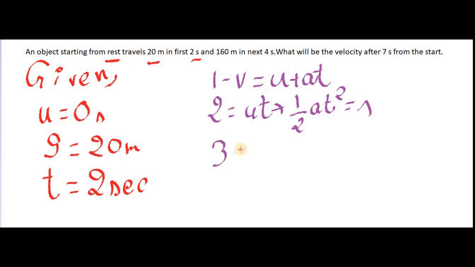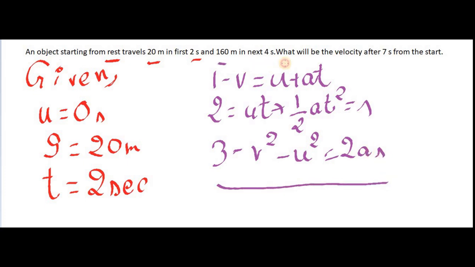And the last, third one, is v square minus u square is equal to 2as. So these are the three equations of motion that we have learned.